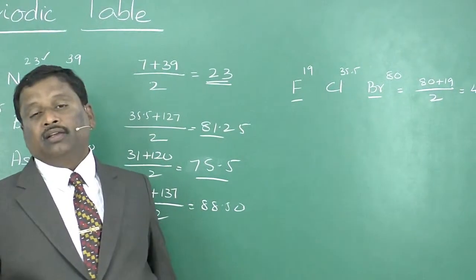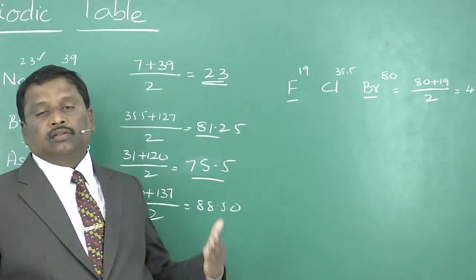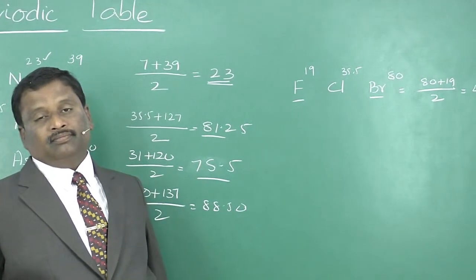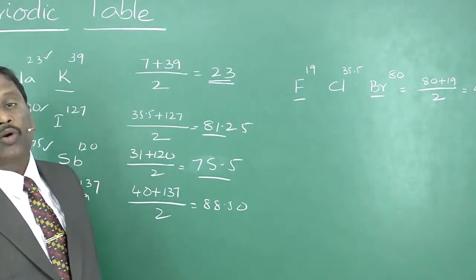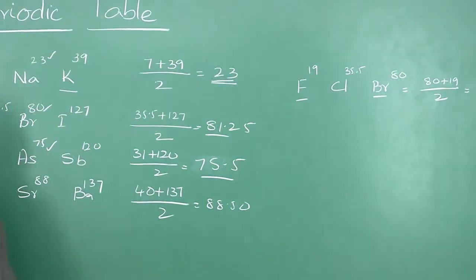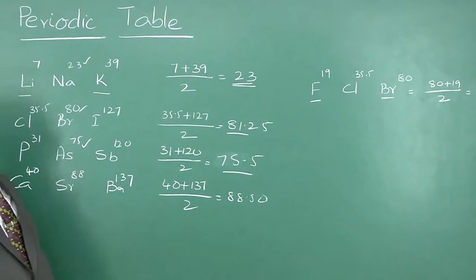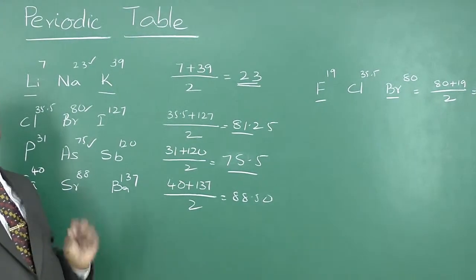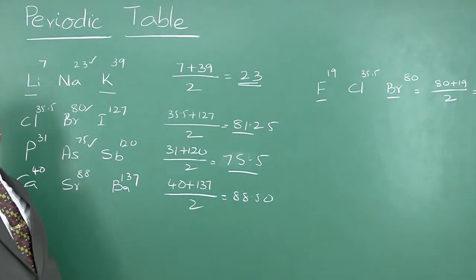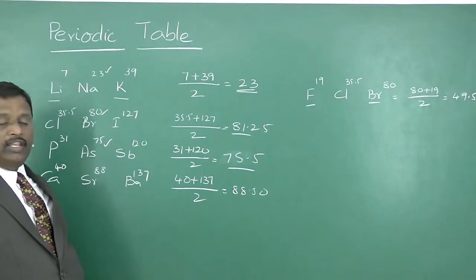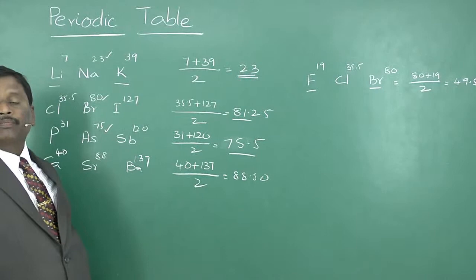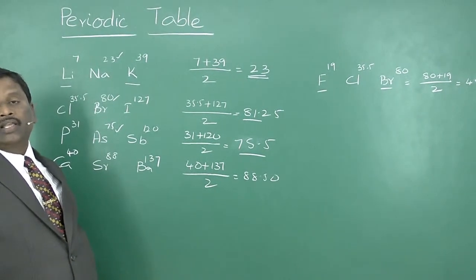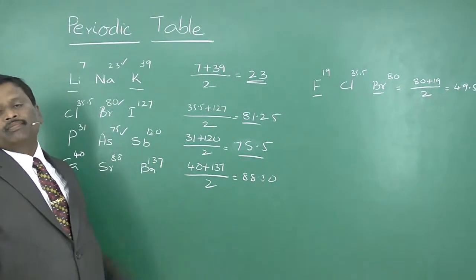And if you take iron, cobalt and nickel, they are also very much similar in their properties. And we have osmium, iridium and platinum. They are also very much similar in their properties. Similarly, we have ruthenium, rhodium and palladium. They are also very much similar in their properties, but their atomic masses are very near.